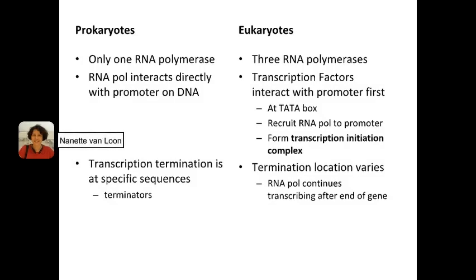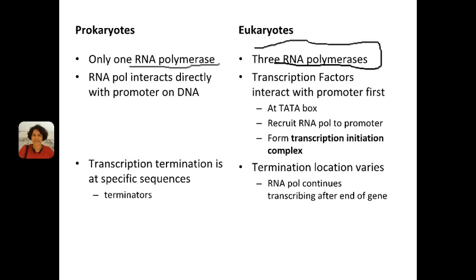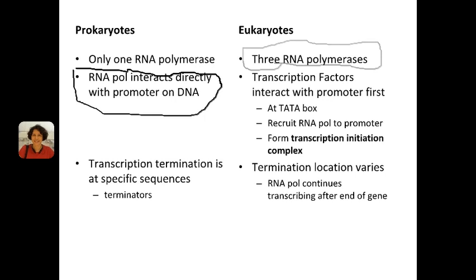A little comparison between prokaryotes and eukaryotes. In prokaryotes, in bacteria, we only find one RNA polymerase. In eukaryotes, there are at least 3 different RNA polymerases. If you take genetics, you'll learn there's 5 different RNA polymerases. In prokaryotes, you see that the RNA polymerase itself will interact with the promoter on the DNA.